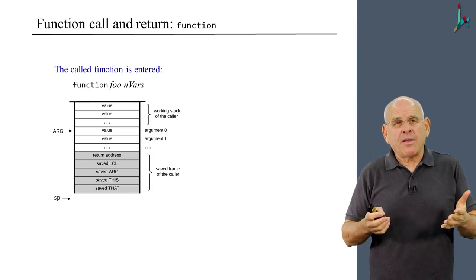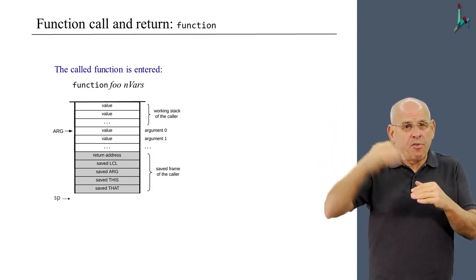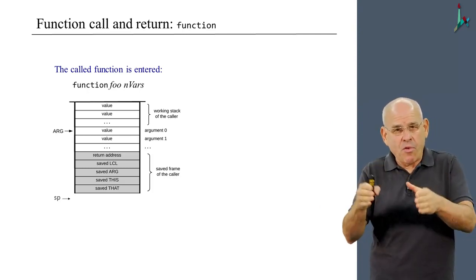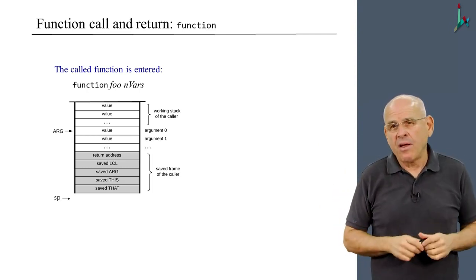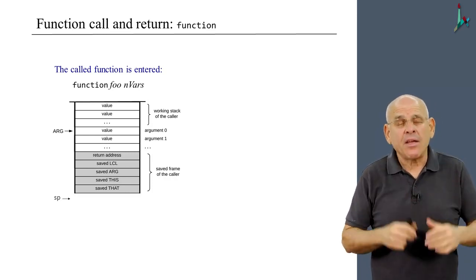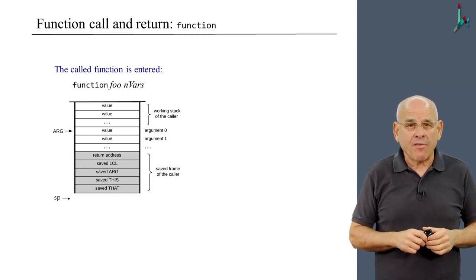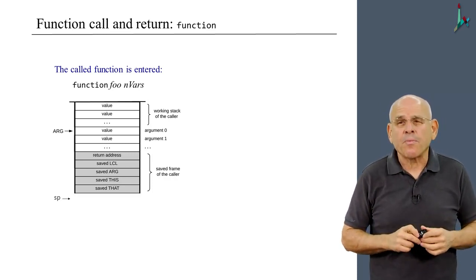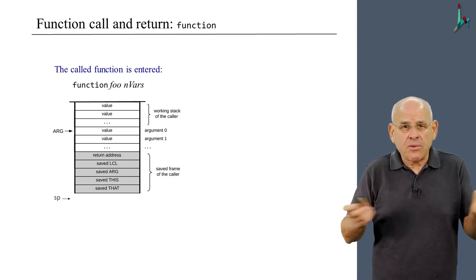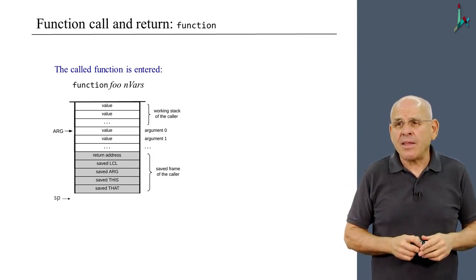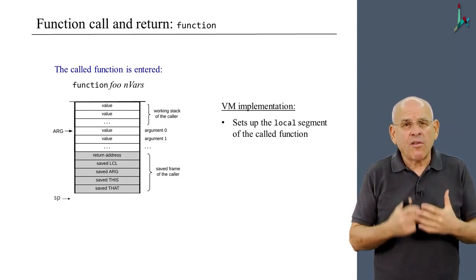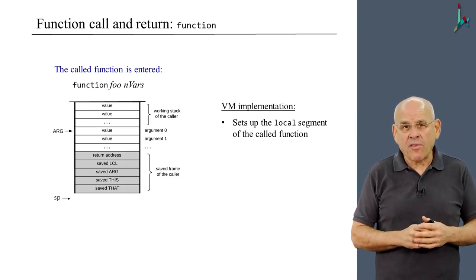So we came here because there was a jump to execute the foo function. Now think about it. If I jump to execute foo, well, I'm going to hit the command function foo nvars, the beginning of the foo function. Nvars informs how many local variables I expect to have. So the VM implementation looks at this and it has to service this command, and it does it as follows. Well, first of all, it creates a local variable segment for the called function.